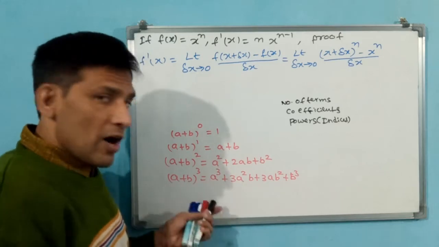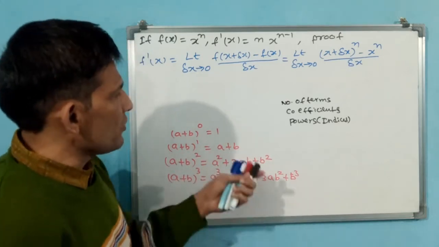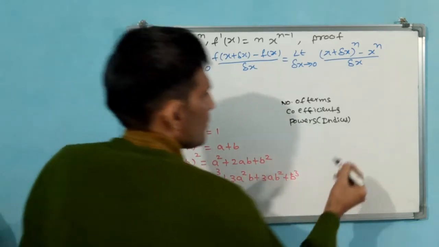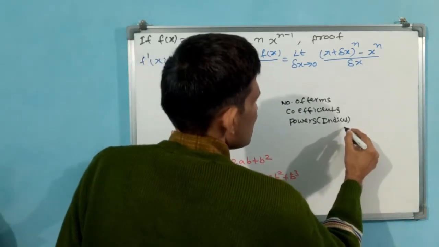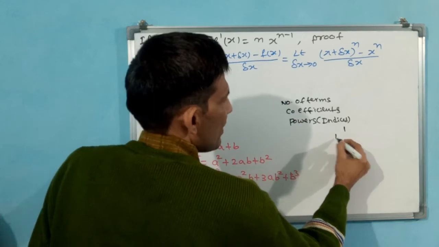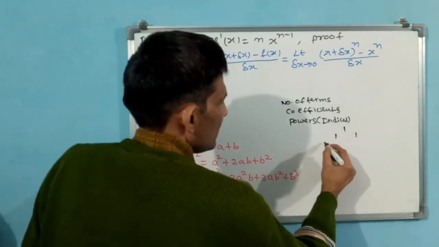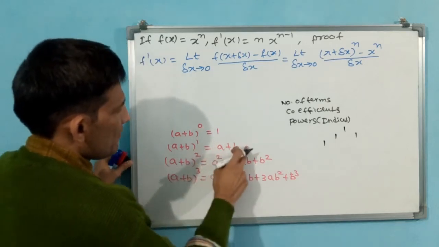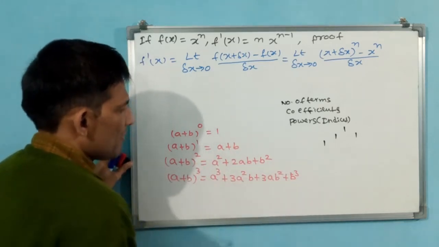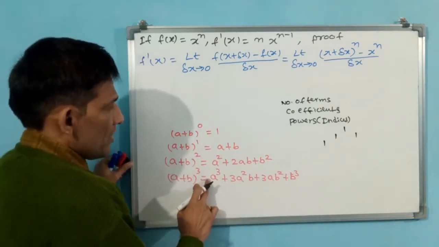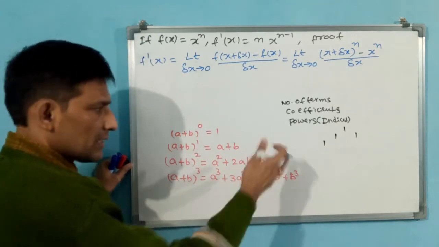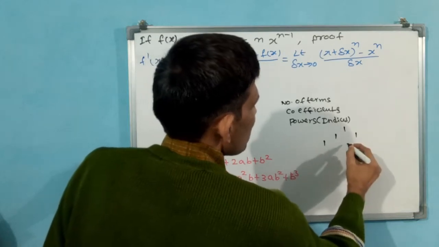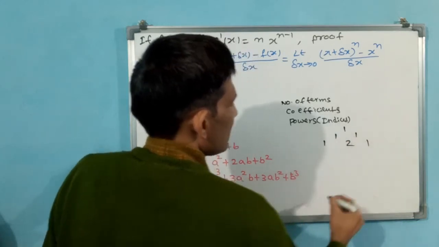Now see how these terms come, I am going to write here. You observe carefully. First we will write 1, then 1, 1, then 1, but always left and right will come 1 only. So here 1, 1, 1, 1, 1, 1. Now 1 plus 1, 2, again 1.